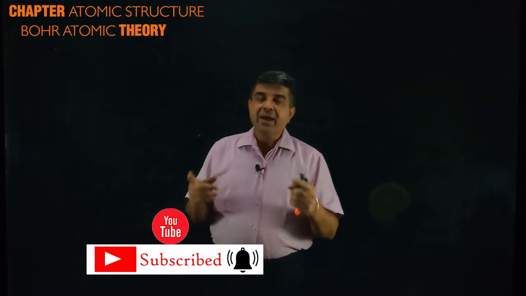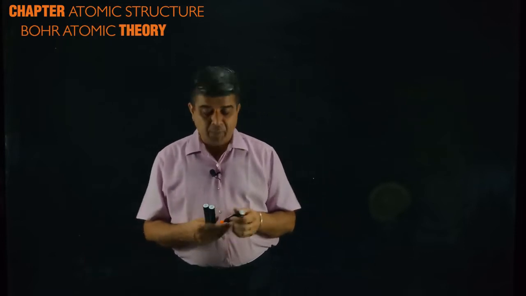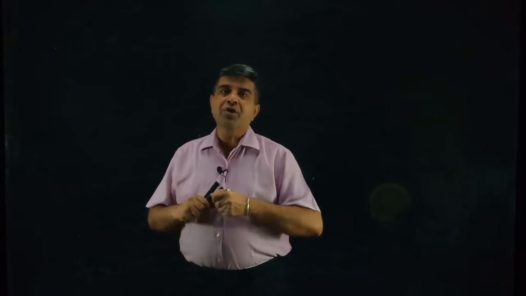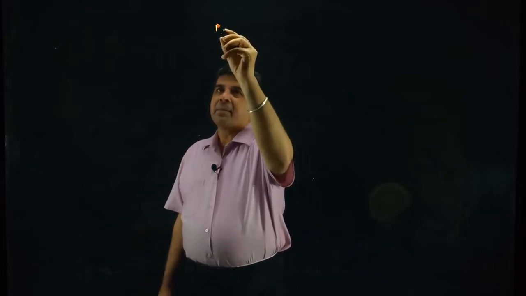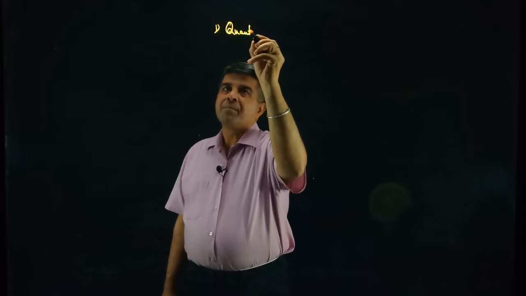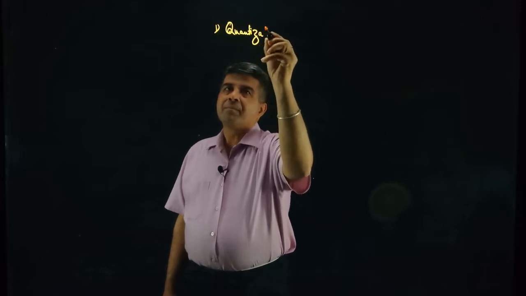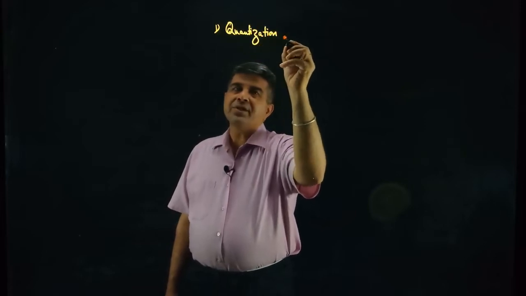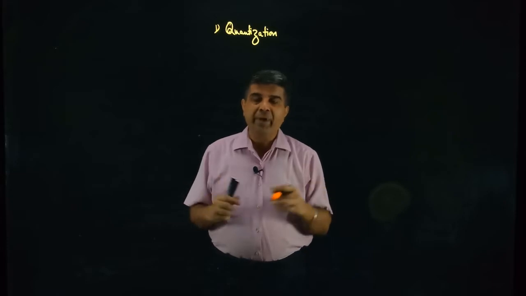So let's see what is Bohr's atomic model. Now in Bohr's atomic model, the first thing that he hypothesized was quantization of angular momentum.